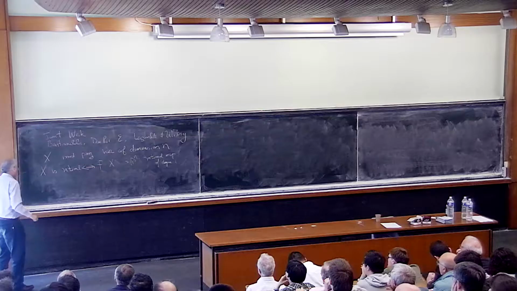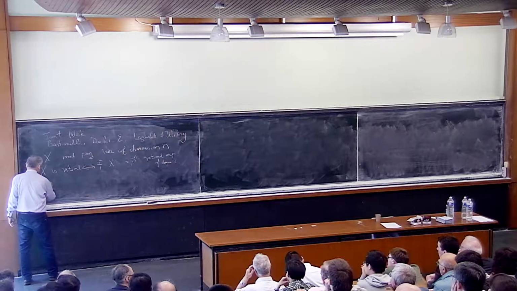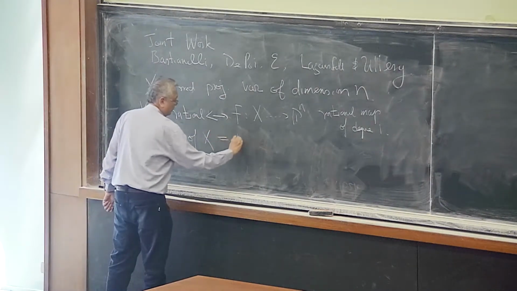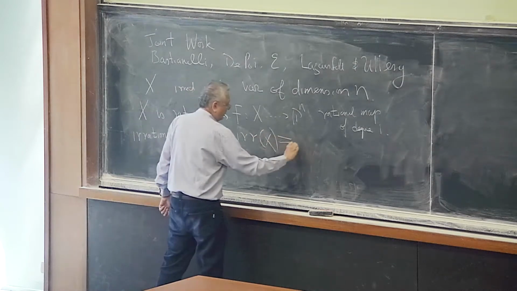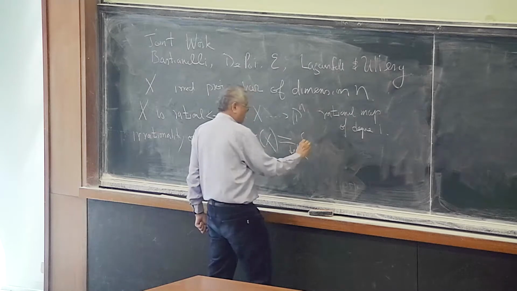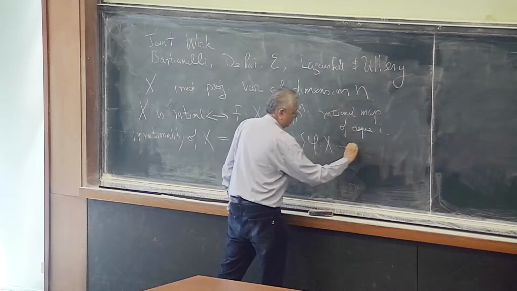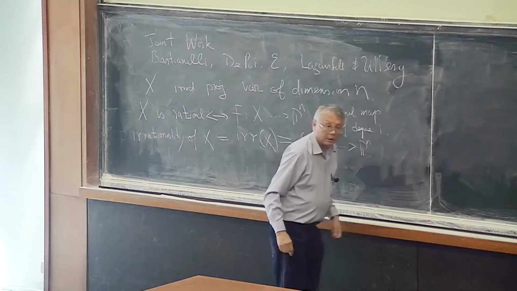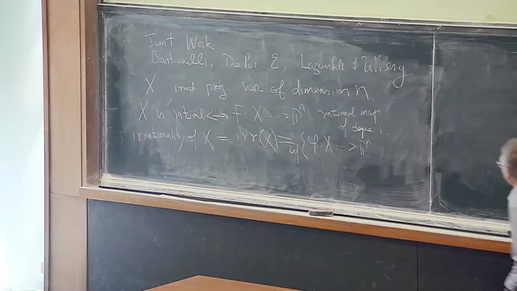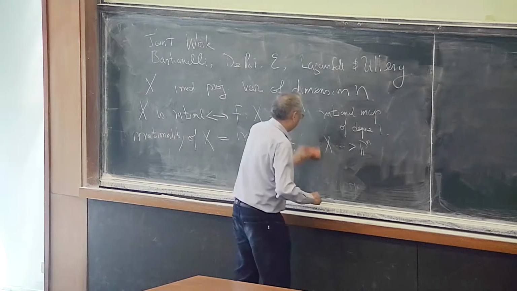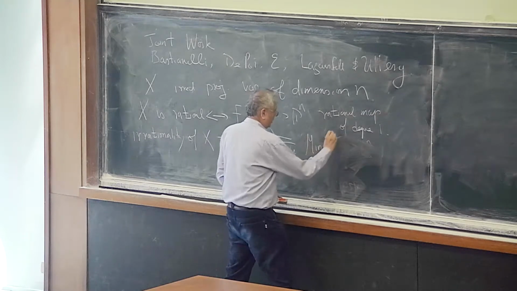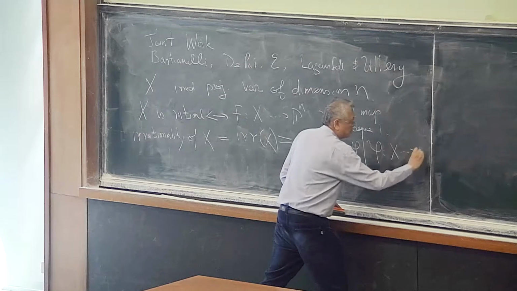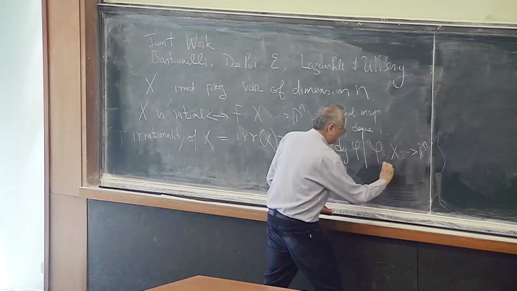And in general, one can define the so-called irrationality of X. We define it to be the minimum of the degree of phi, where phi is one of these maps to P^n that is generic finite.